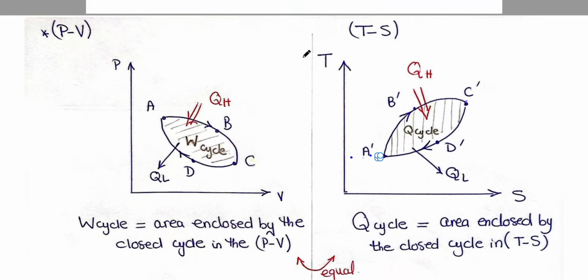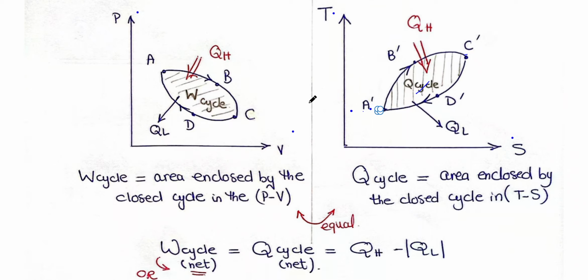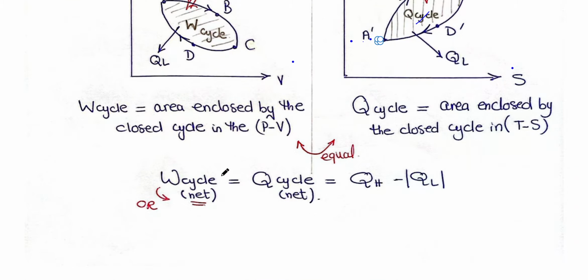So we can say that this area in the PV diagram is the same as the area in the TS diagram. Of course, you have to put your units of T and S and your exact units of P and V. So the work cycle equals the Q cycle, equals QH minus QL, equals the area enclosed in the PV diagram, equals the area enclosed in the TS diagram.